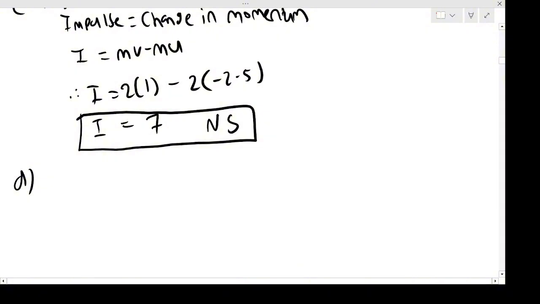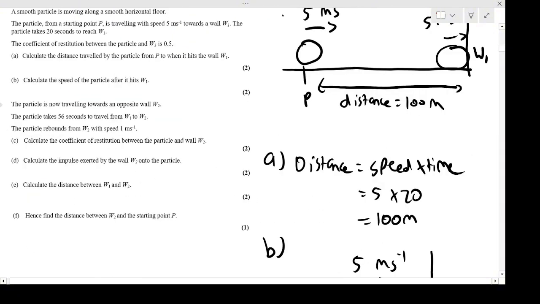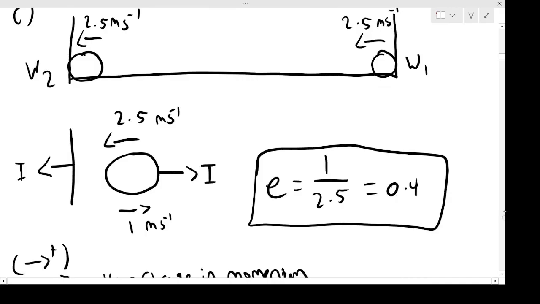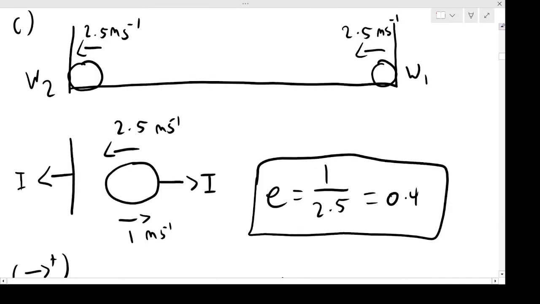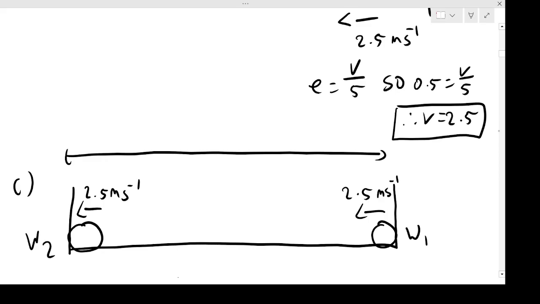Then for part D, it's part E now we're on, sorry, part E. Part E now wants me to calculate the distance between the 2 walls, okay? So if I go back to this diagram here between the 2 walls, it's this whole distance here, right? What's this whole distance going to be?